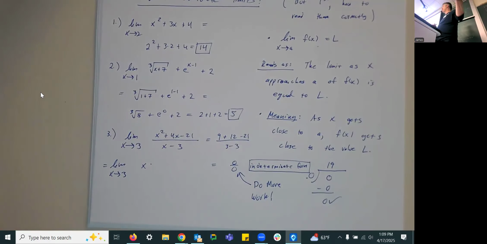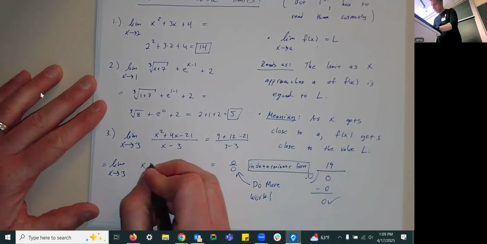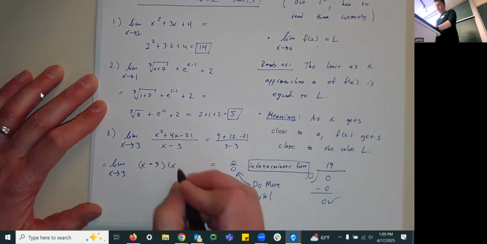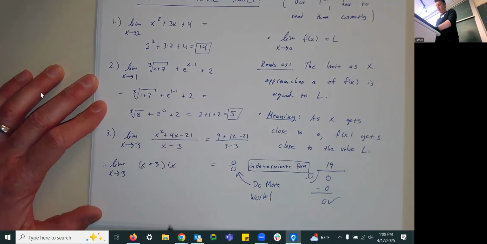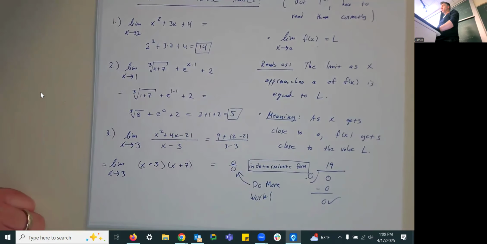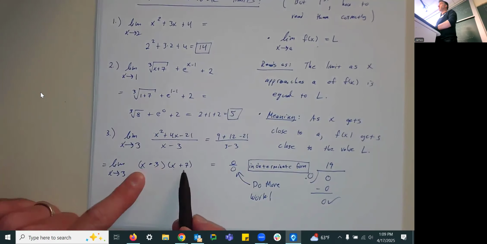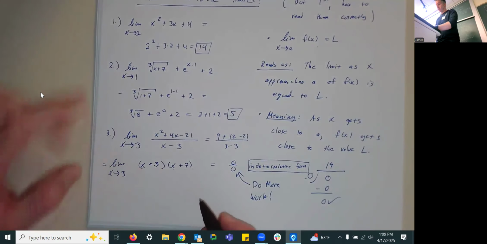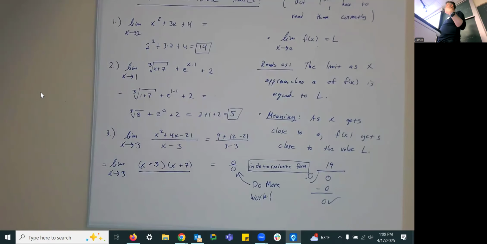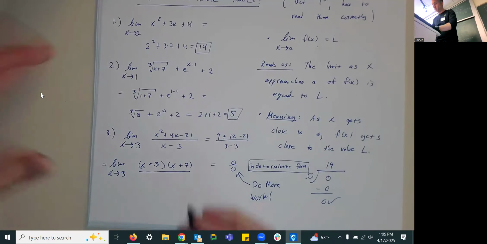If I know that plugging in 3 makes it 0, I know that x minus 3 is a factor, and then I know that the other factor has to be x first, so that x times x is x squared, and -3 times 7 is going to give me the -21. And that is how it factors, because the middle terms are going to be -3x plus 7x, which adds up to positive 4x, so we're good to go. So see, there's a reason why you actually want to plug in that 3, because it reminds you that x minus 3 gets to be a factor of the top part.